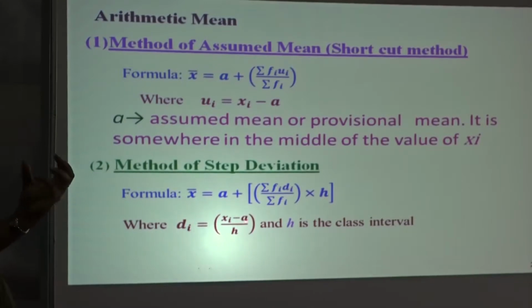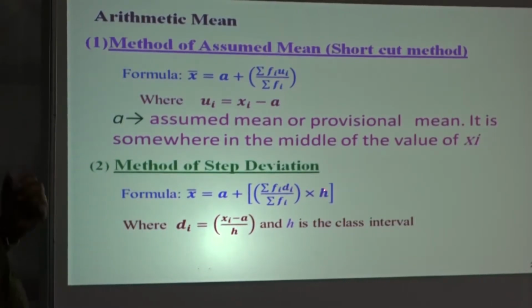Once you take the deviation, you again divide it by the class interval. Compared to the ui values, these di values become very small. In some cases, when using step deviation, there is no need to use a calculator.